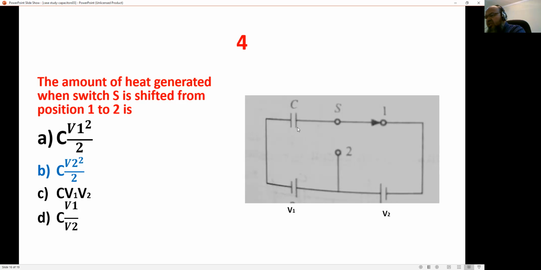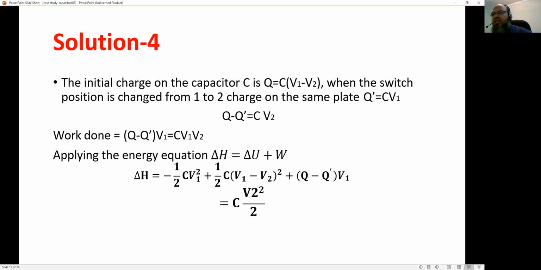Keep this in mind and then you see the solution, that initial charge on the capacitor C will be Q equals C into V, and V, I have told you that this will be the difference of the two because cells are in opposition. So when the switch position is changed from 1 to 2, then charge on the same plate will become, for example, Q dash, then this will be only CV1 because only V1 battery is there. If we take the difference of these two charges, Q and Q dash, one factor will be cancelled as you see, then this will become CV2.